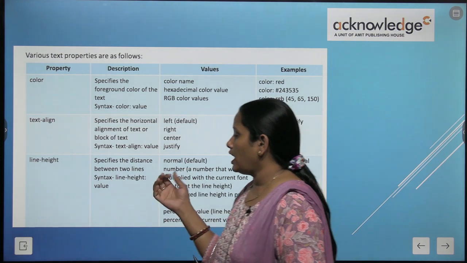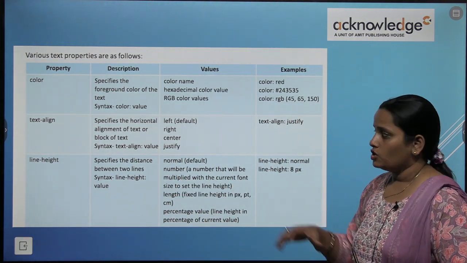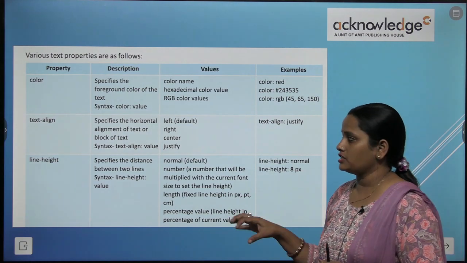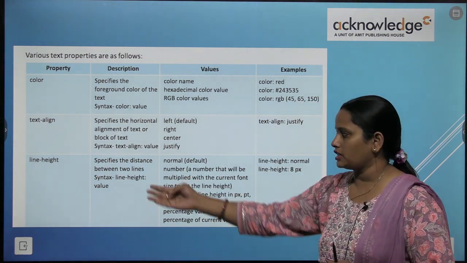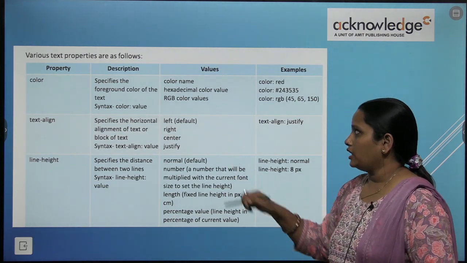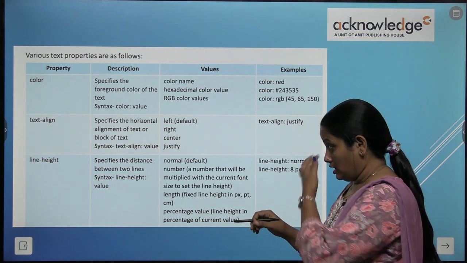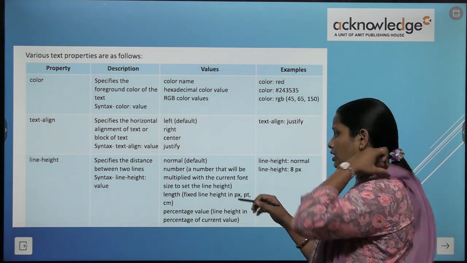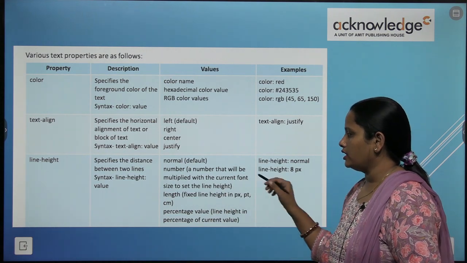Next is line height. Specifies the distance between two lines. So दो lines के बीच में distance को line height जो है specify करता है, and the syntax is here. And in this the values are: normal is the default value here. Number, a number that will be multiplied with the current font size to set the line height.